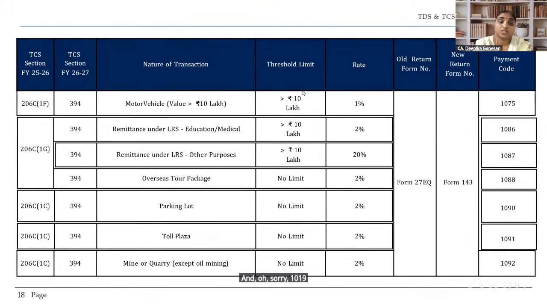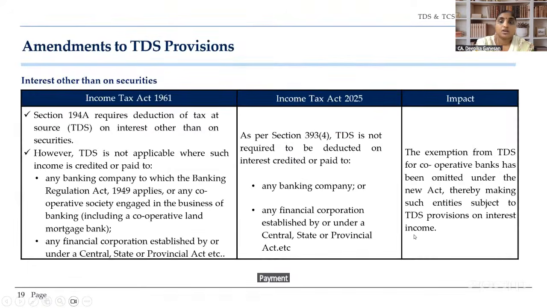And in case of toll plaza, so for that the TCS is 2%, 1091. And 206C1C is replaced with 394. And any mine or quarry except the oil mining, there is no limit, 2% is the TDS and 1092 is the payment code.